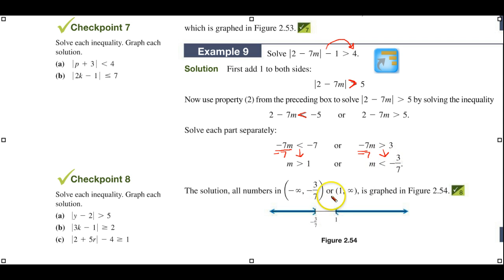So when they do the graph of this, there are the numbers you're interested in. This is a disjunction. And then in interval notation from negative infinity up to this point.